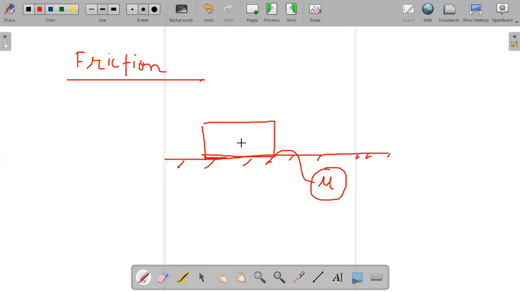Okay. And there will be some mass of this block m, and so there will be a normal force mg. So what will be the friction force here in this case?